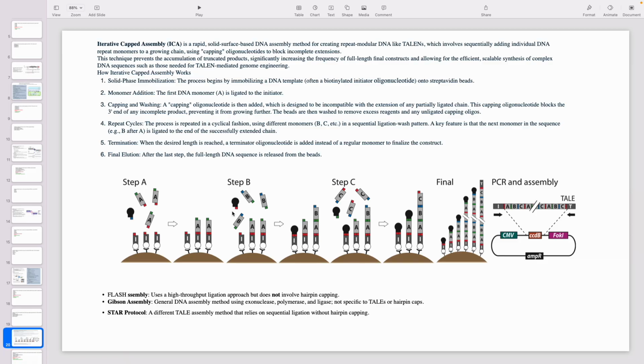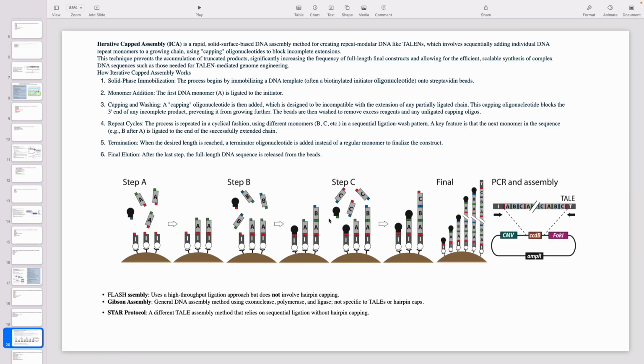Then capping and washing. A capping oligonucleotide is added, which is designed to be incompatible with the extension of any partially ligated chain. This capping oligonucleotide blocks the 3' end of any incomplete product, preventing it from growing further.